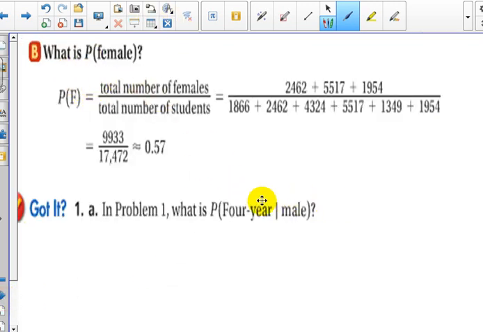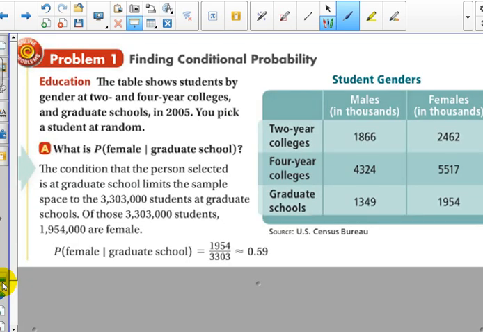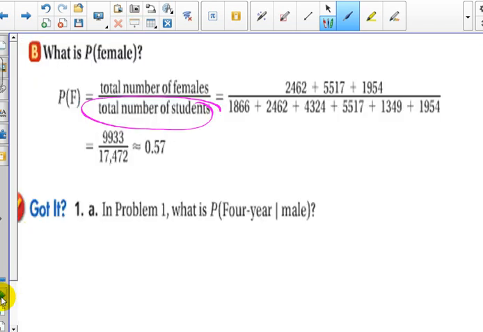So now it says, what is the probability of picking a female out of all that? So you're going to get the total number of students, so all students, so look back. There it is. So all the students together, all of this, and on top is all the females.